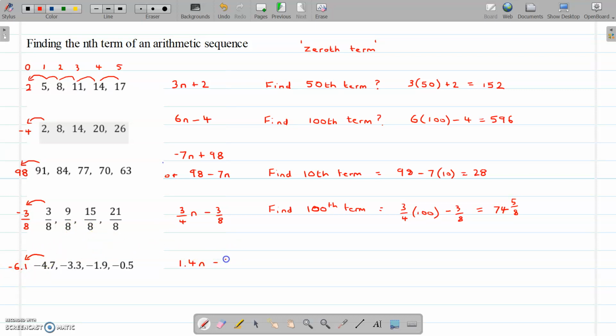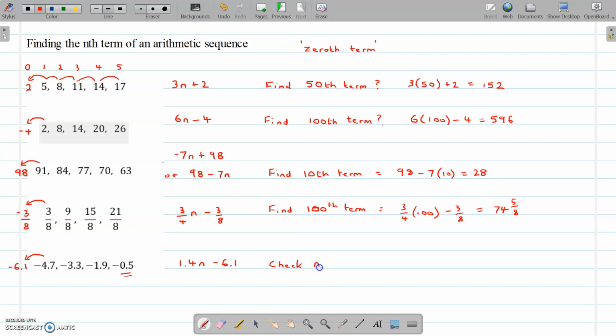Negative 6.1. Now let's just check it for one of the terms that we already have. Let's see if it works for the 4th term, because we've got the 4th term to be negative 0.5. So let's put n equal 4 into here.